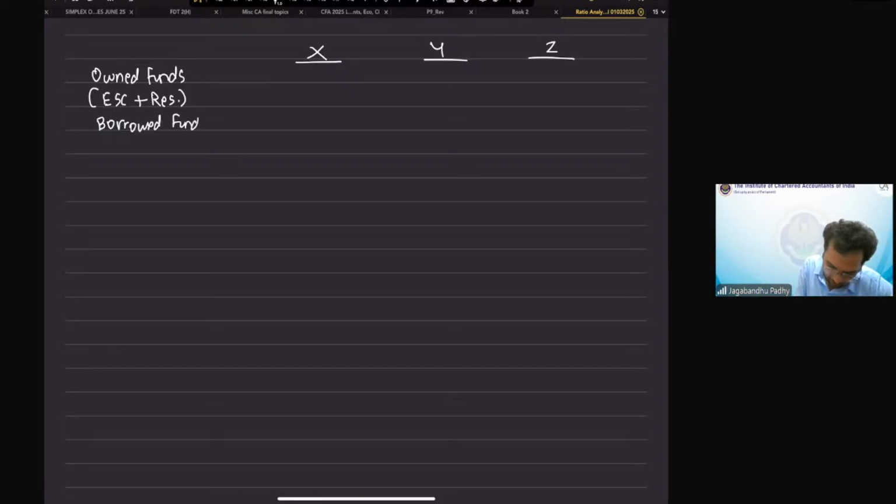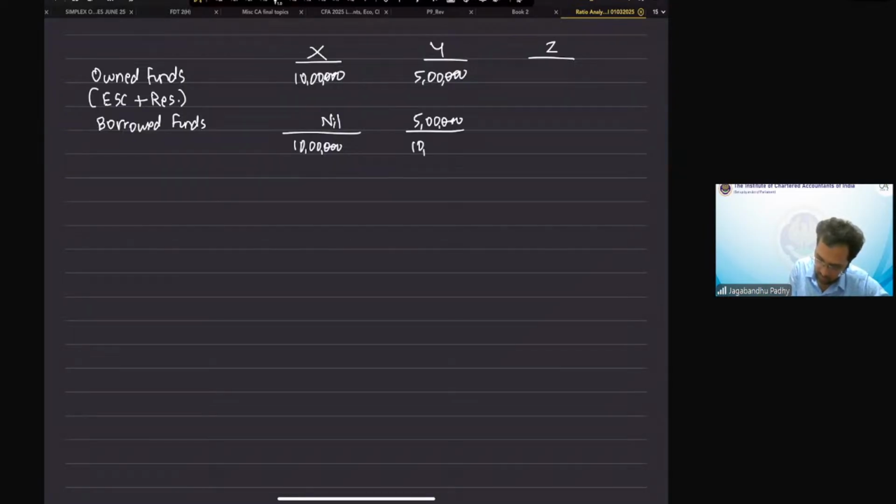borrowed funds. Let's say company X has 10 lakh of own funds and no borrowed funds. So total funds is 10 lakh. Y has 5 lakh of own funds and 5 lakh of borrowed funds. Total is 10 lakh.